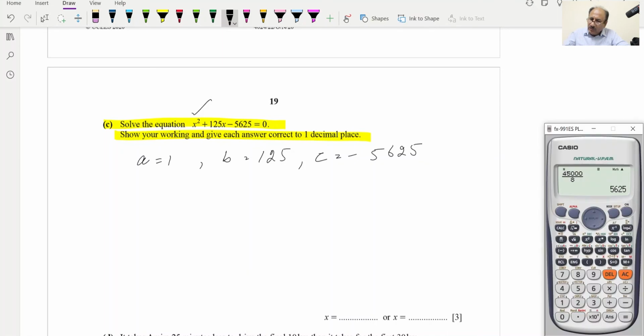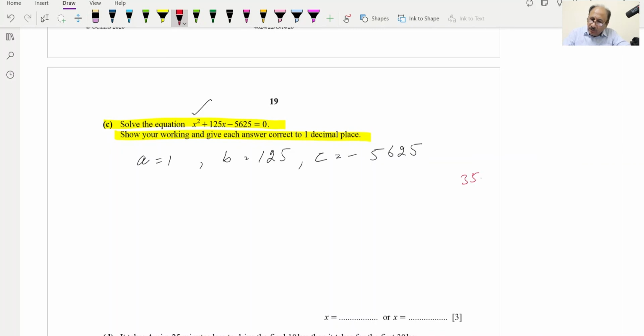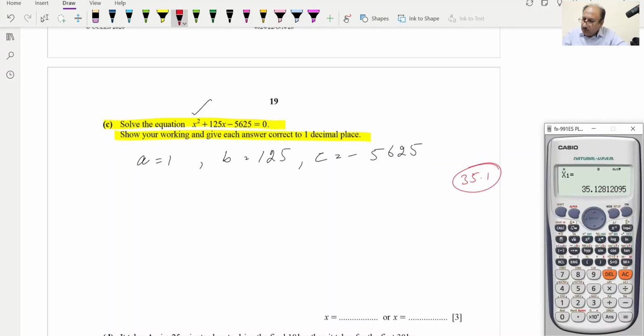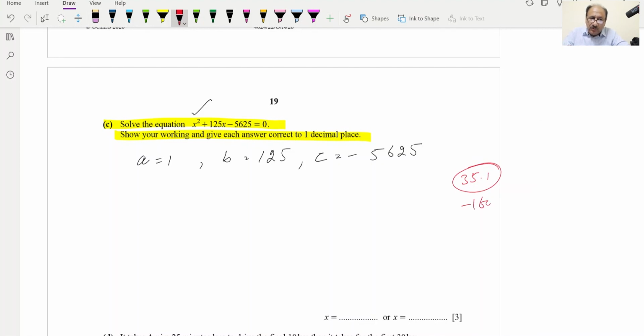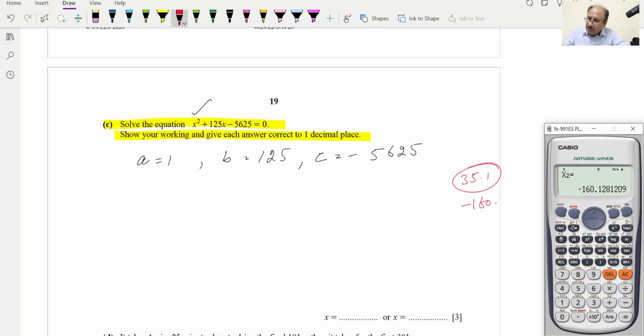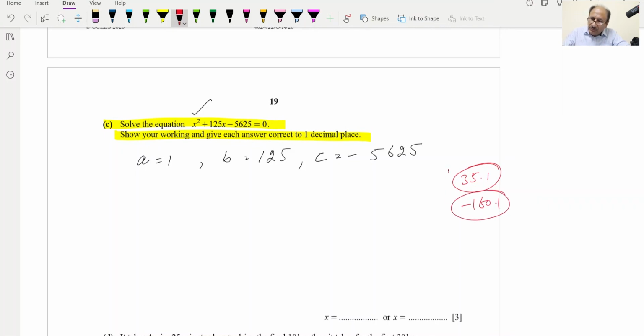We can also use the calculator, Mode 5.3. A is 1, B is 125 and C is minus 5625, and our first answer will be 35.1, and the second answer will be minus 160.1. So these will be the two answers.